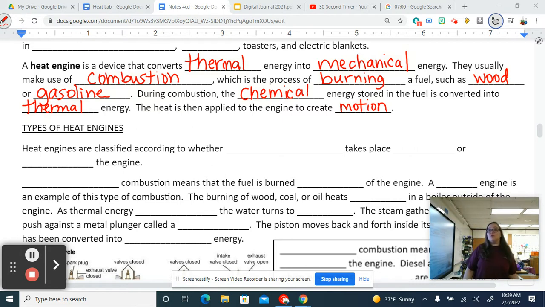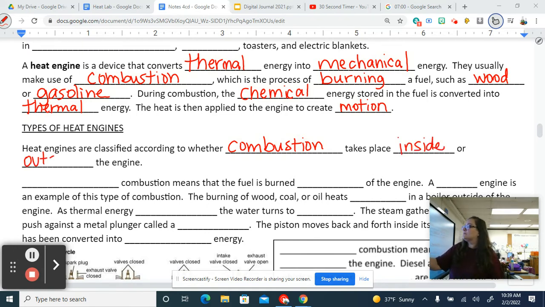So there's actually more than one type of heat engine. So heat engines are classified according to whether the combustion takes place inside or outside of the engine. All right, again, pause it if you need to.